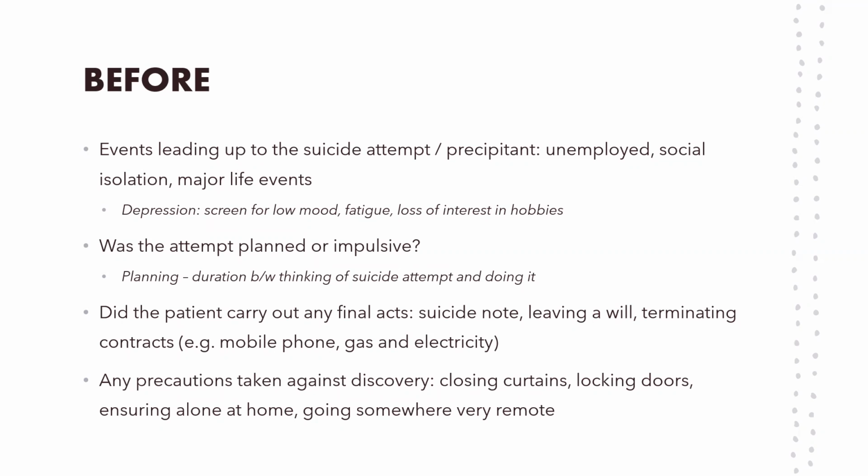If it actually was planned, and if they took precautions so that they wouldn't be found, then it's much more likely that they wanted to follow through with the plan. So it's important to determine that. Like I mentioned before, were there any precautions they took not to be found, such as locking doors, writing a suicide note, things like that.